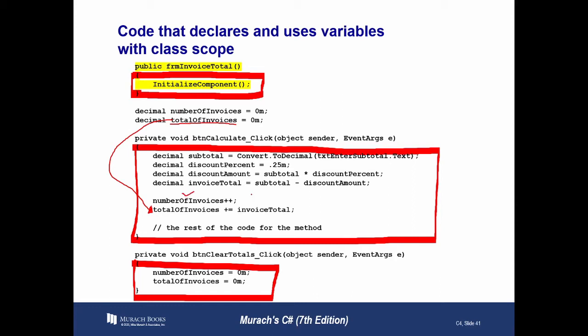So really we're talking about moving in and out of scope here. Now you can see down here, because these are global, and we've referred to those as global variables, number of invoices, total of invoices, these are what we refer to as global variables that can be seen anywhere.